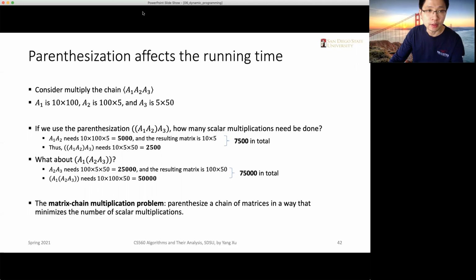So for the problem of computing the product of multiplying a chain of matrices, we used this minimal example to show that even if it is a very simple problem, A1 times A2 times A3, just 3 matrices, the 2 different ways of putting the parentheses actually make a huge difference in how many scalar multiplications will be needed.